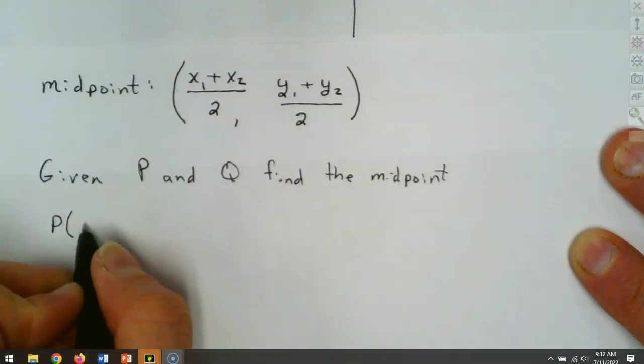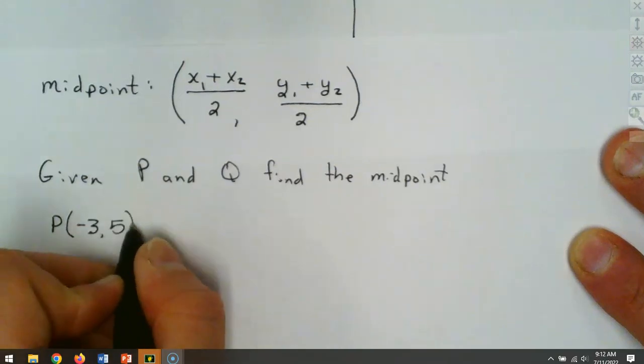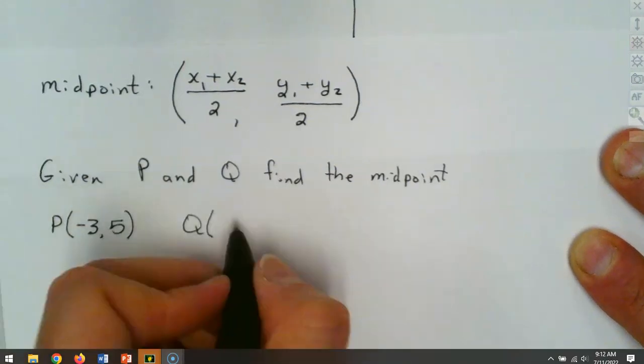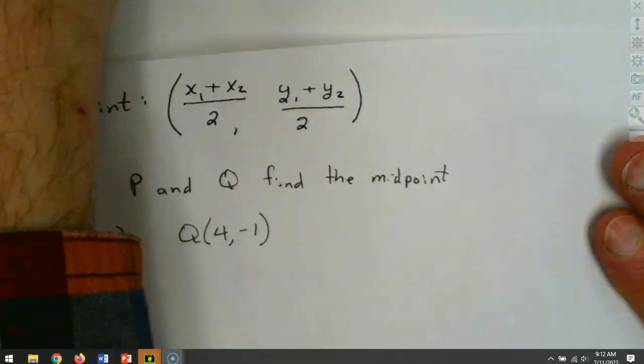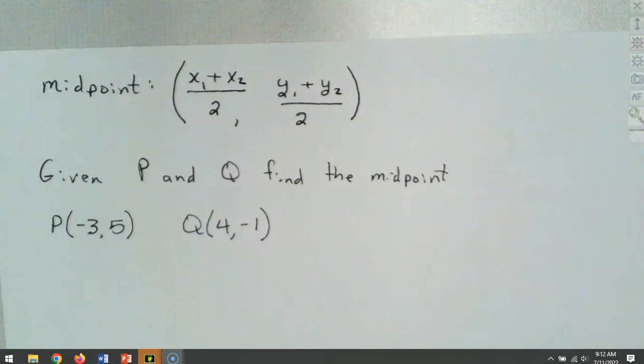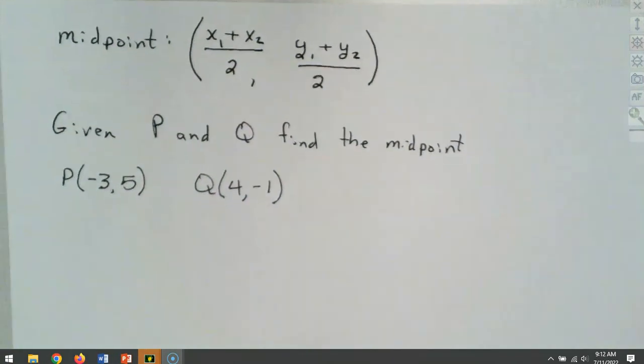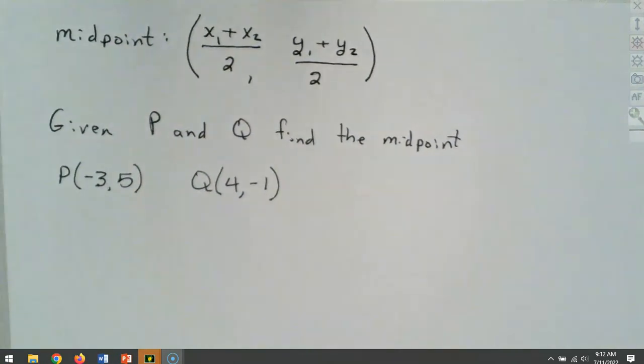So I'll give you the point P. How about minus 3, 5? And Q, how about 4, negative 1? Very, very easy. Very, very straightforward.